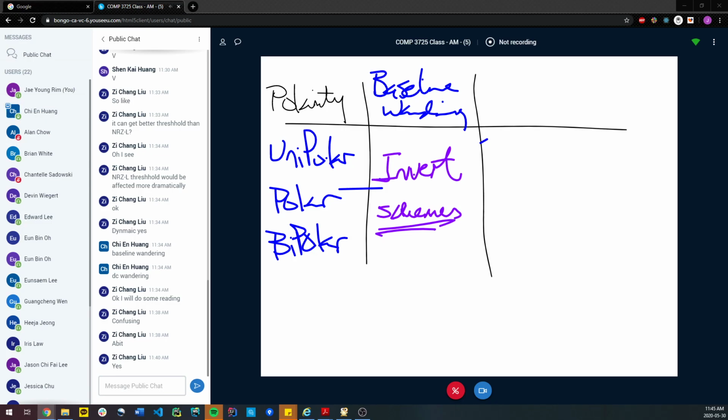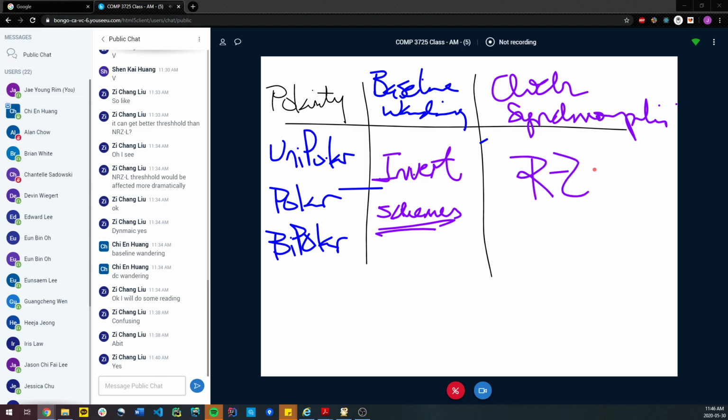And the third thing that we deal with is what we call clock synchronization. How do we deal with it? We use return to zero schemes versus non-return to zero.